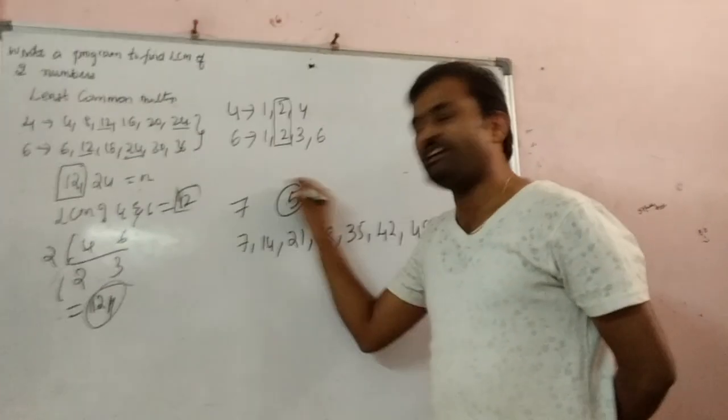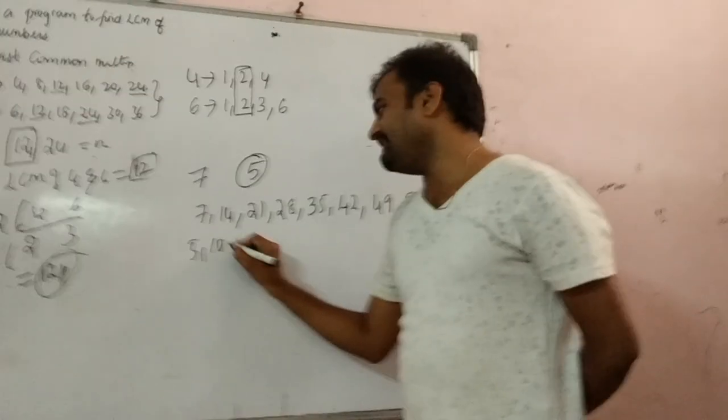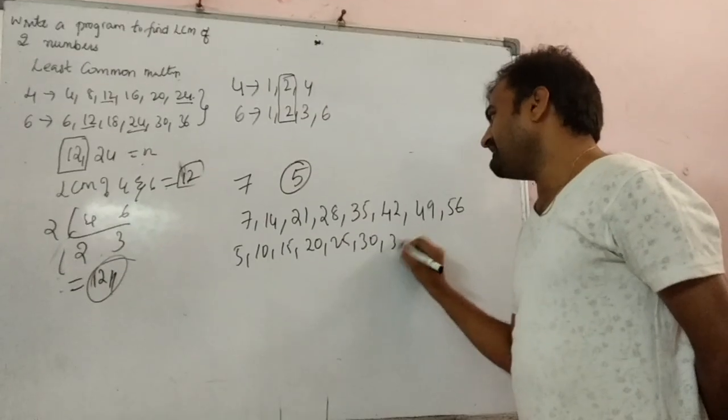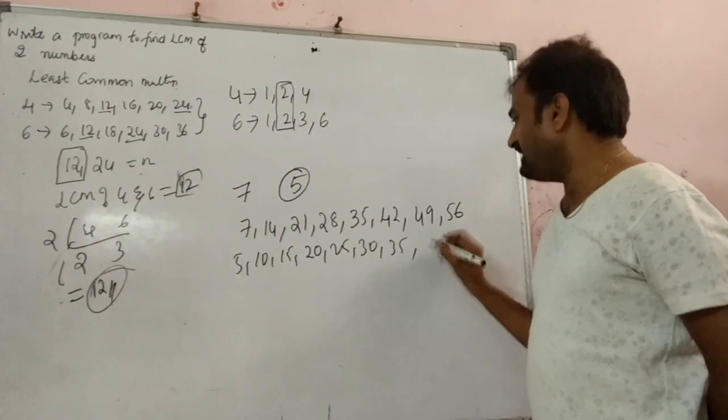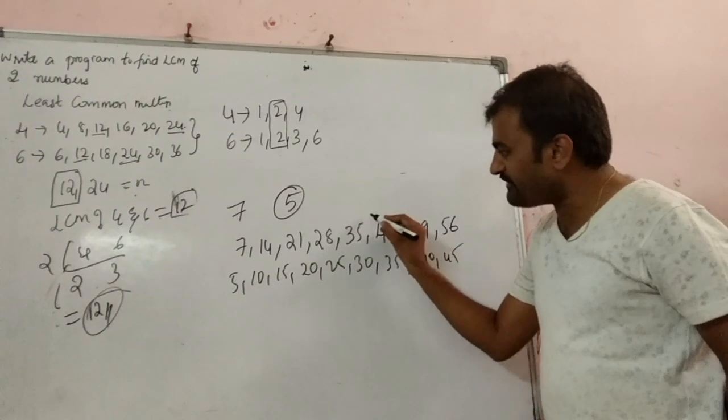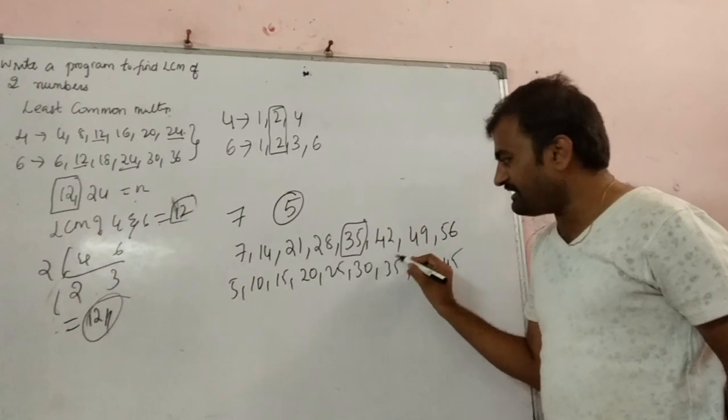And the multiples of 5 are 5, 10, 15, 20, 25, 30, 35, 40, 45. So in this, the least common multiple is 35.